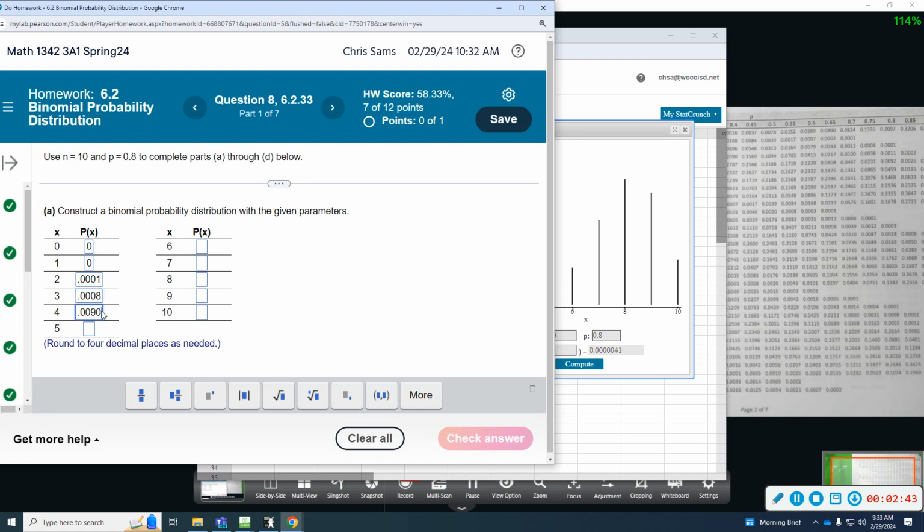And then 0.0008, then 0.0055, then 0.0264, then 0.0881, then 0.2013, 0.3020, 0.2684, and then 0.1074.